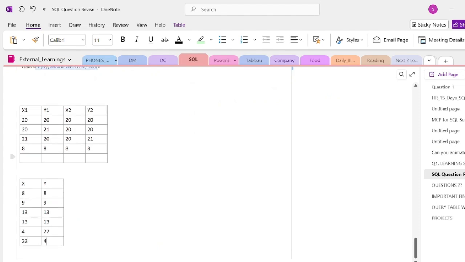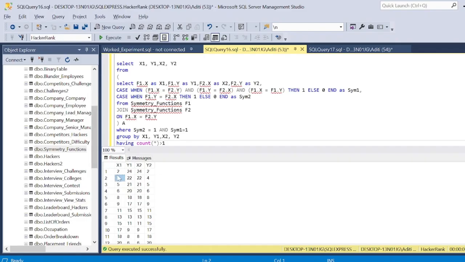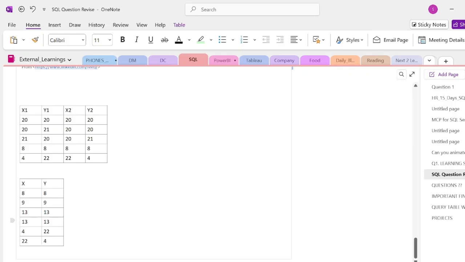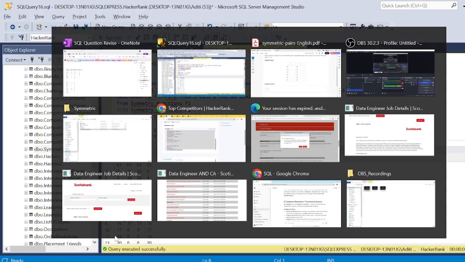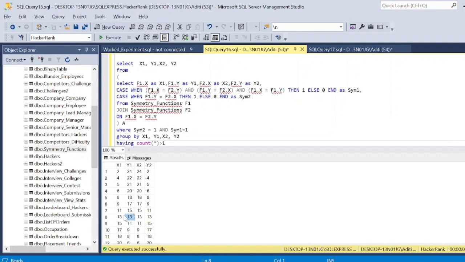And the entry that has multiple occurrences, 13, 13, is also considered. Apart from this, the question is solved easily.